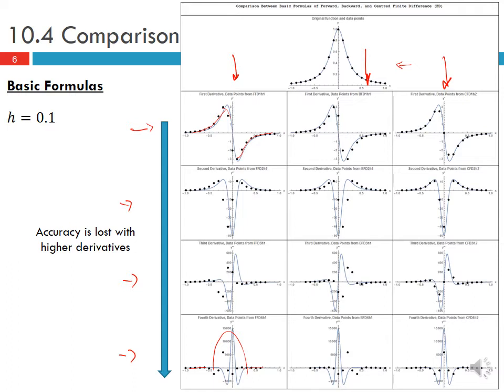It's better for the centered finite difference compared to the other ones, but you can still see even with this spacing H that in this region here the accuracy is not great using up to the fourth derivative, where the first derivative is not too bad.